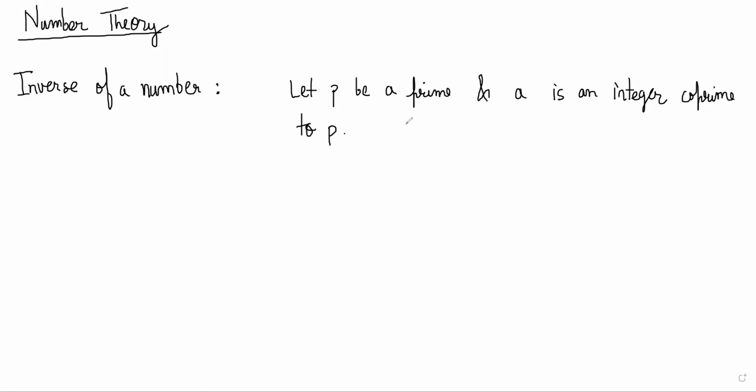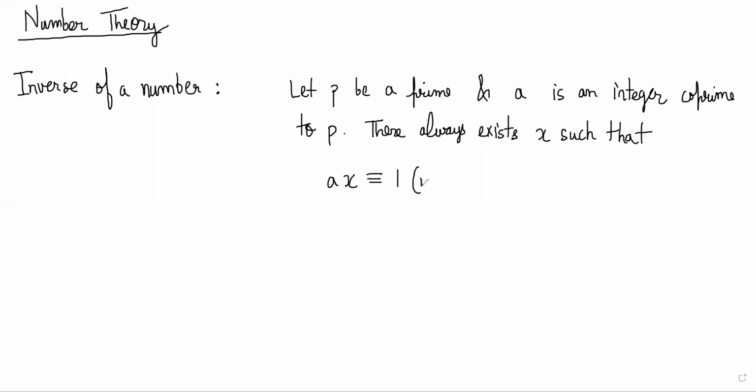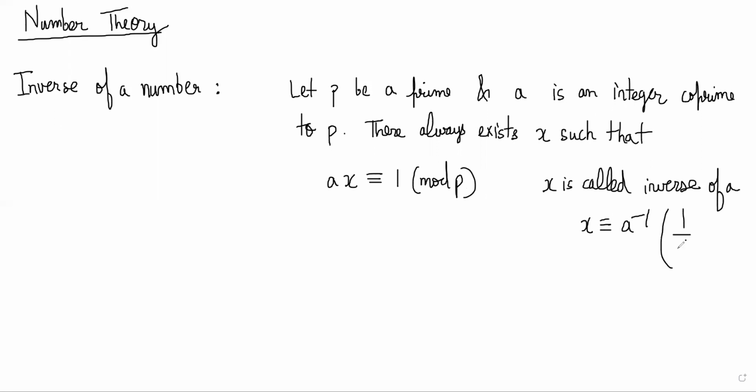Then there always exists x such that ax is congruent to 1 mod p, and this x is called the inverse of a. It is sometimes written as a inverse or 1 by a mod p.